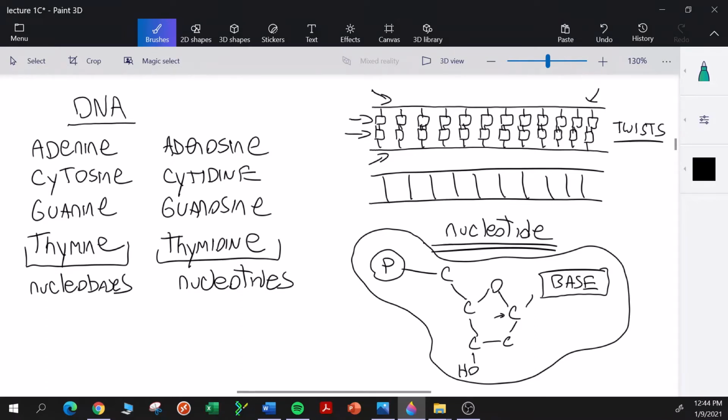Now, I won't expect you to remember which is which, but I'm using this opportunity, the first lecture, to help you see that when you hear these 2 things, it's not that you don't know what the 4 nucleobases in DNA are. It's just that these names are very similar and they're hard to keep track of.